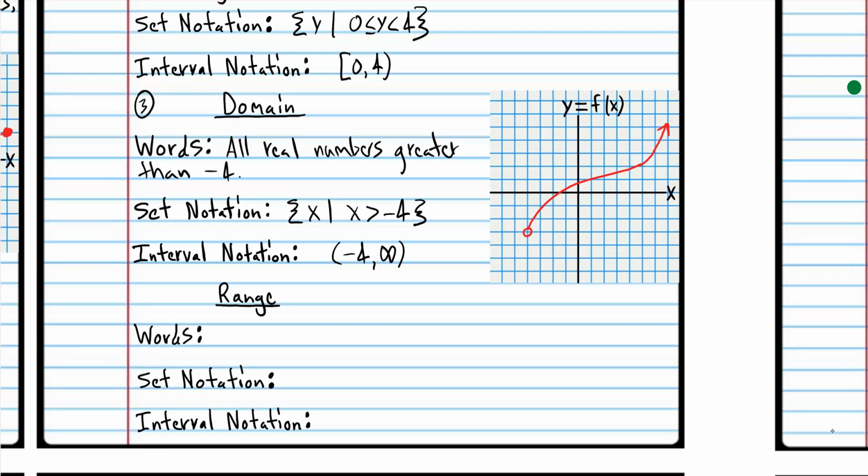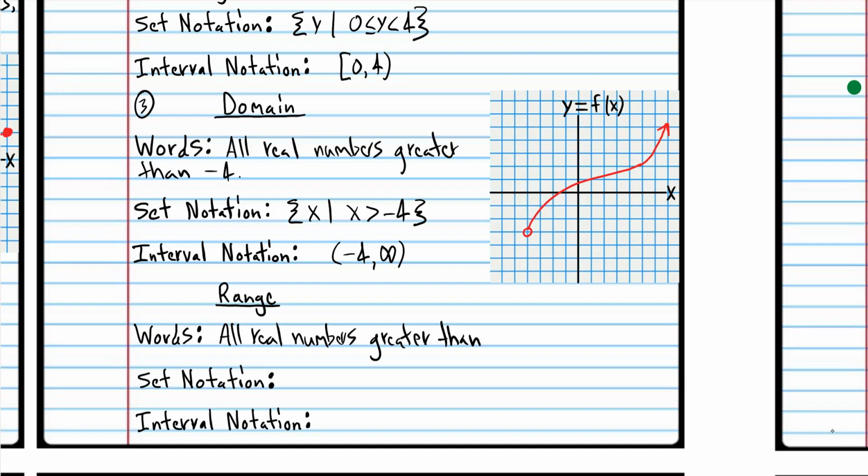Okay, so now we want to look at all the points on the graph and understand that the y values of the points are the range of the function. So the range of the function is all real numbers greater than, and what is the smallest y value?